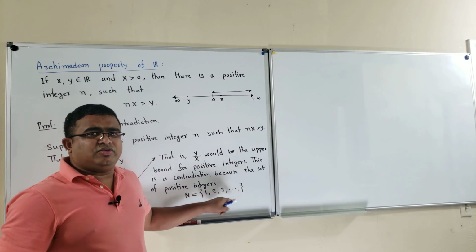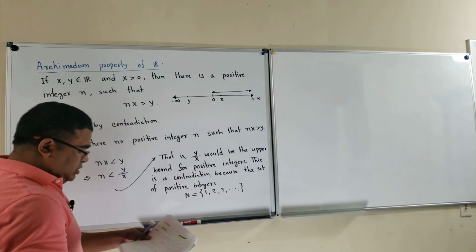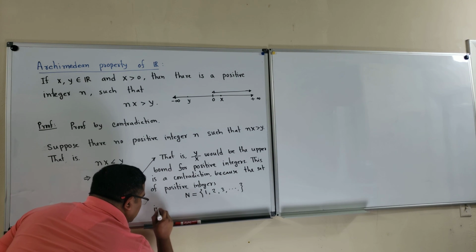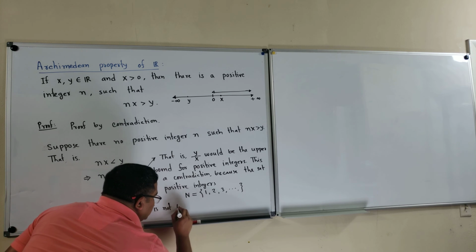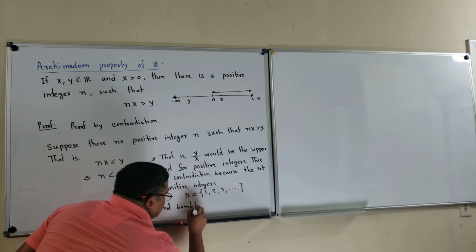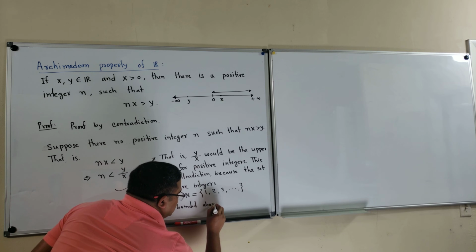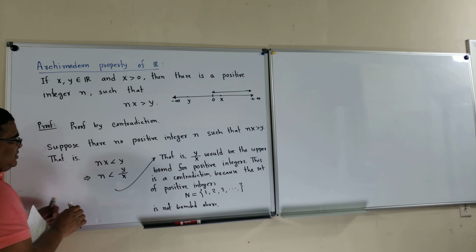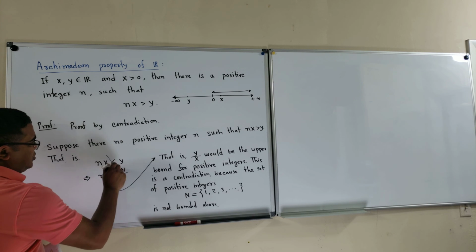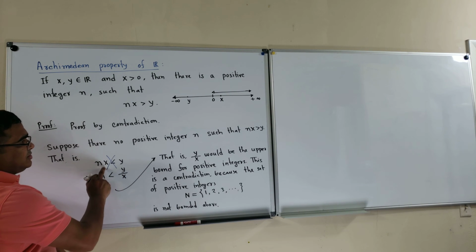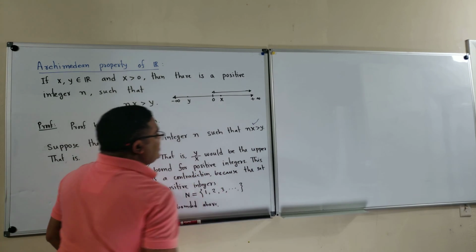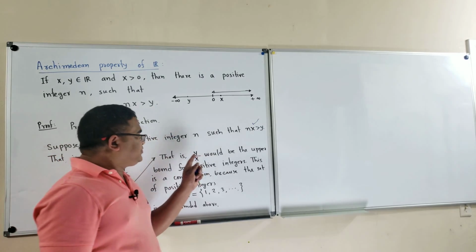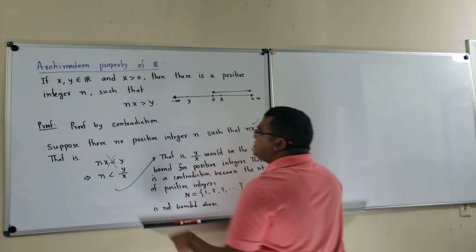We know this one. It's going on and on. So the set of positive integers is not bounded above. So this cannot be true. That means this is not true, and that means the original statement is true. So this method is called proof by contradiction. So we are done for this one.